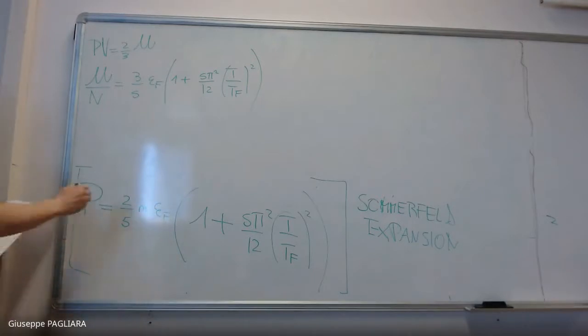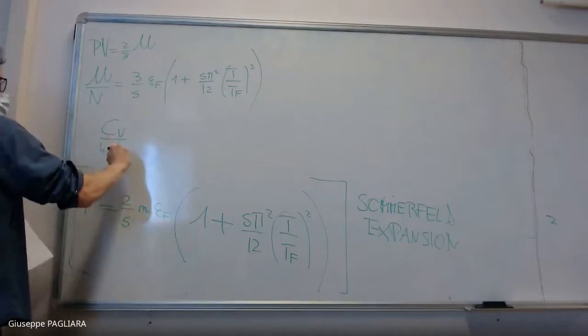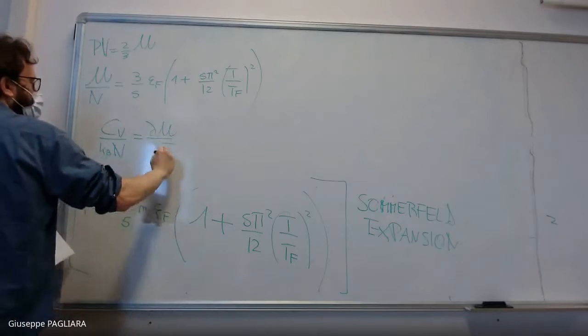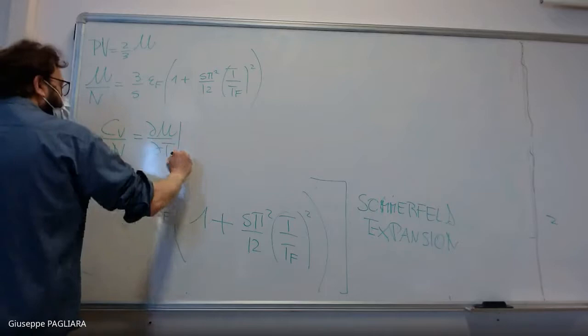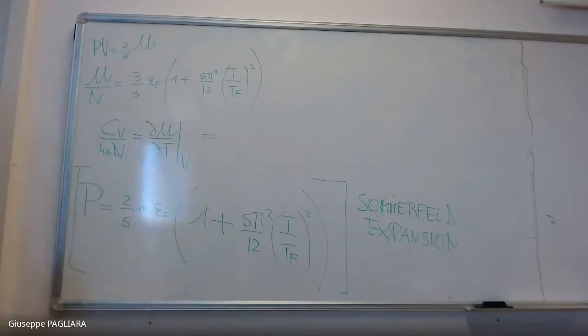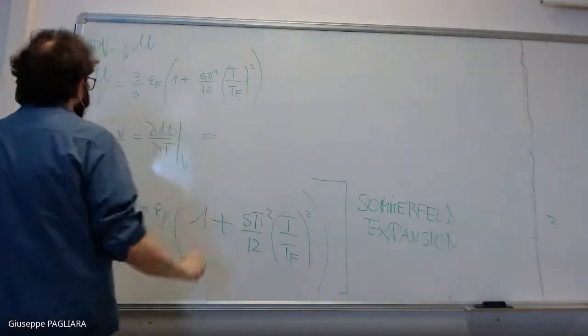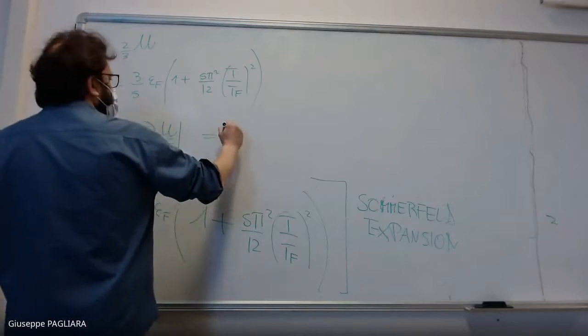And then also we can see what happens to the CV divided by KB N, if you want. This is the derivative of U with respect to the temperature. And of course, now this quantity I just need to compute at fixed volume.